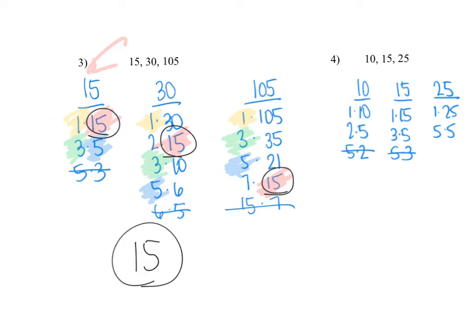So again, looking for common, we have 1 all the way across. 2 does not work. 3, no. And 5, yes. So my GCF is a 5.